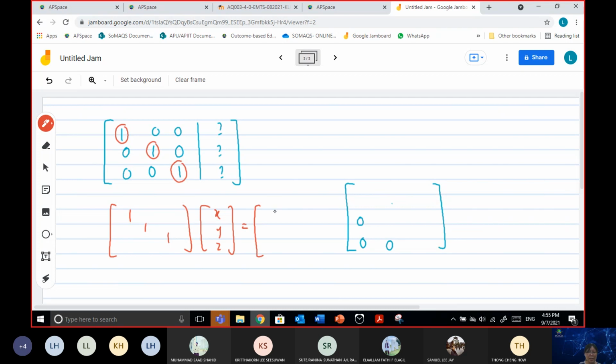Let's say this one is 1, 2, 3. Once we achieve this matrix, all the diagonal is 1 and the rest are 0. We can directly get the values of x as 1, y as 2, and z as 3. So this is another way.